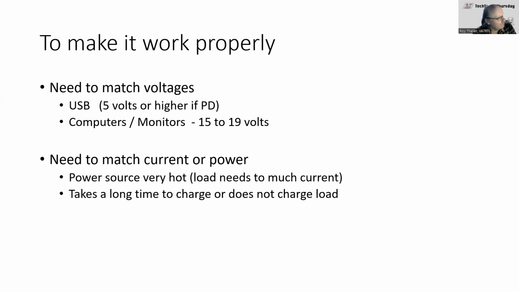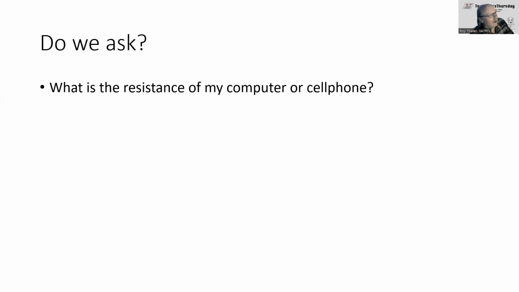Now, if we don't match the current or the power rating of the power supply, either the power supply gets very hot because it's drawing a lot of current, or if it can't supply enough current, it takes a long time to charge the battery, or the battery doesn't charge at all. So it's important to look at the power and the current ratings of the various components that we have. But we never ask, what is the resistance of my computer or my cell phone?